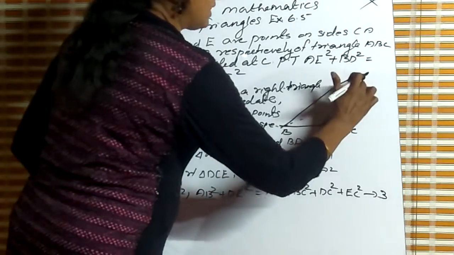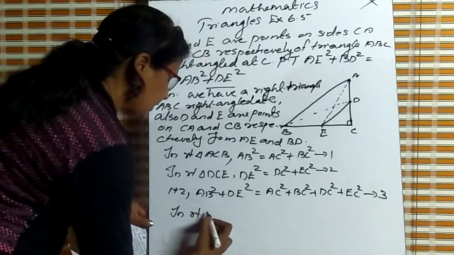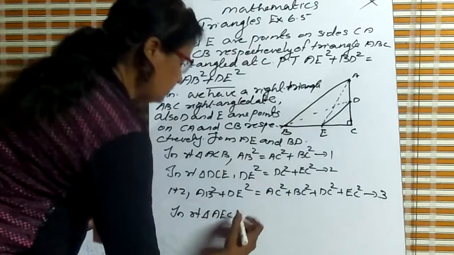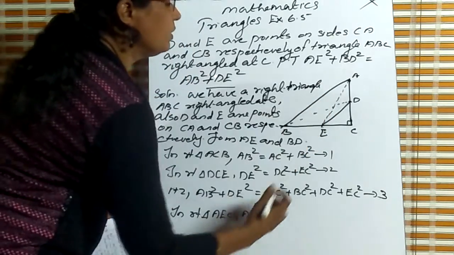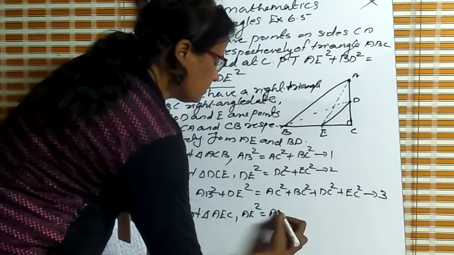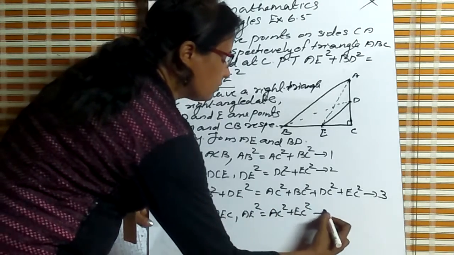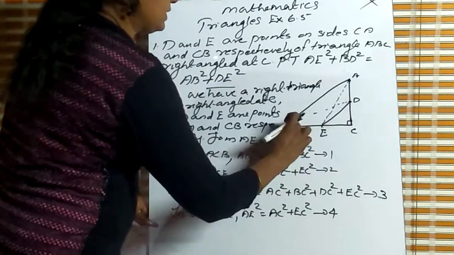Now consider the right triangle AEC. In right triangle AEC, what is AE square? AE square is equal to AC square plus EC square. Equation 4. Now consider the right triangle BDC.